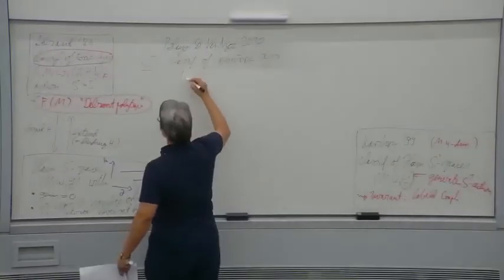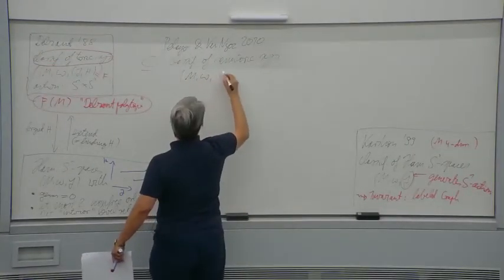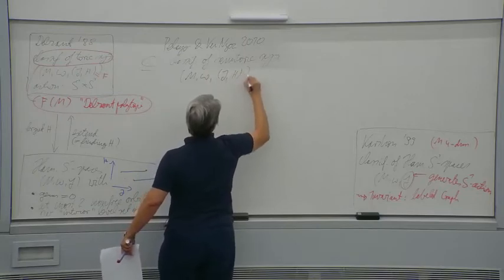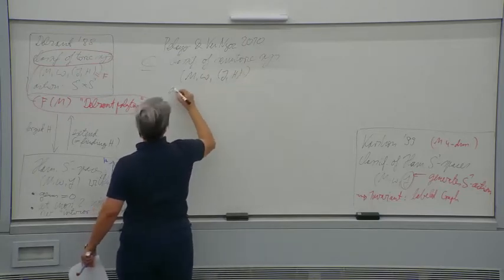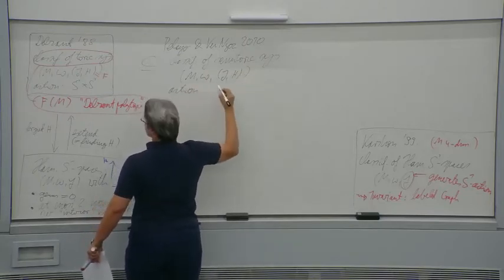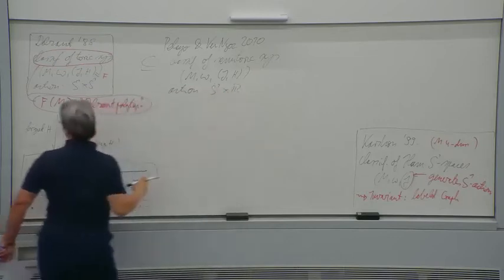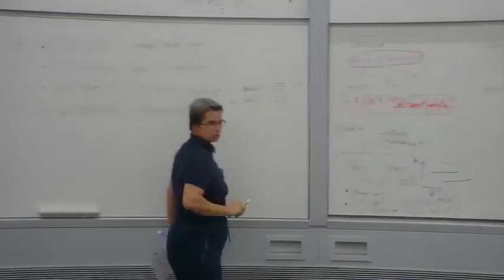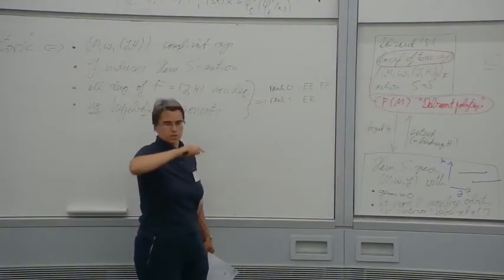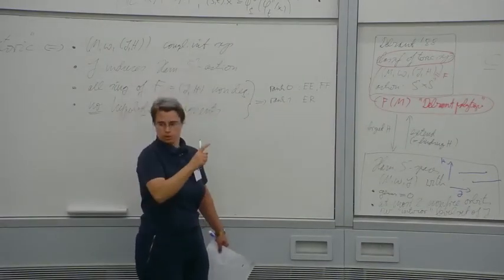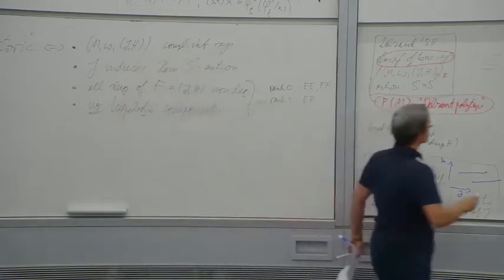But in terms of classification, let's put this here. We have (M, ω, J, H), and the action is S1 times R. The R is there since, on the focus fiber, you have something that goes completely around and is therefore not periodic.